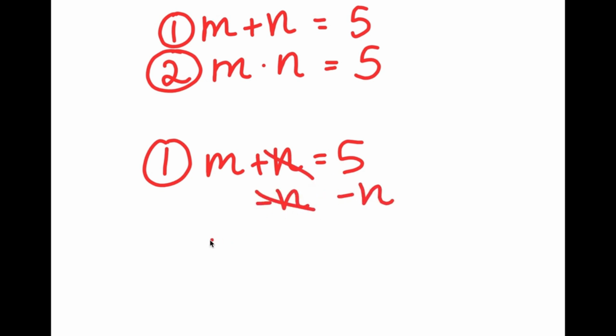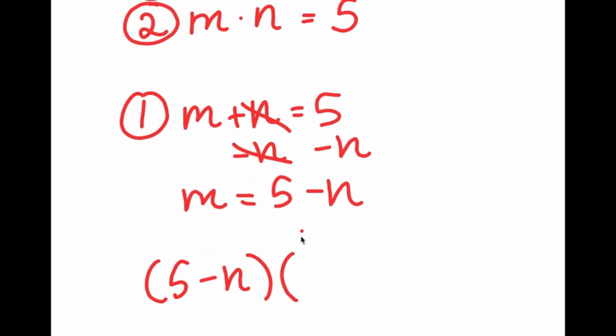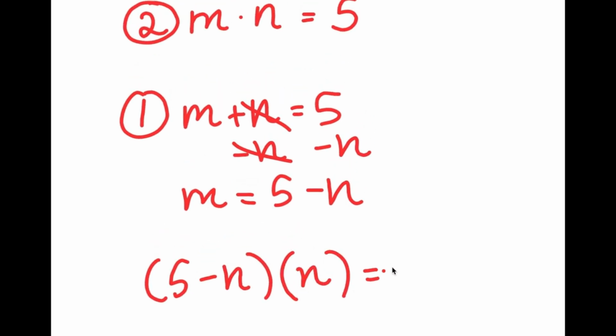So then these two cancel out, and I get m is equal to 5 minus n. The reason I did this is because I can substitute this value of m back into my original equation. So if I substitute this back in, I get (5 minus n) times n is equal to 5.